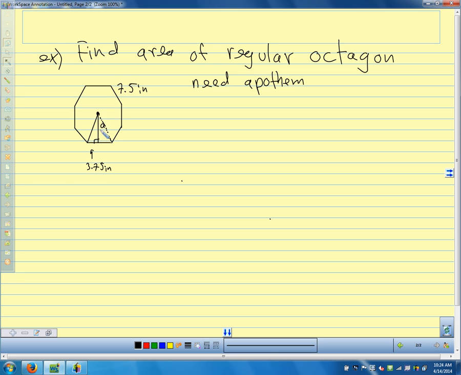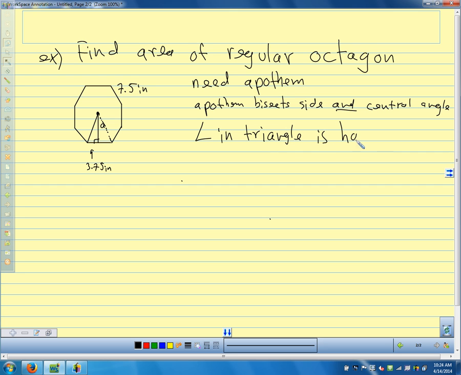It also cuts the central angle in half. So the apothem bisects the side, and the apothem bisects the central angle. So we have a way of finding this little angle in the triangle. The angle in the triangle is half the central angle.